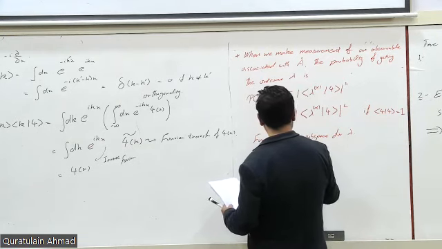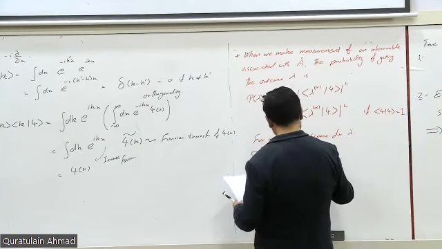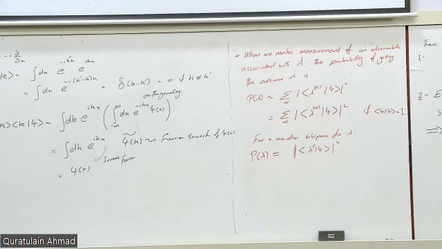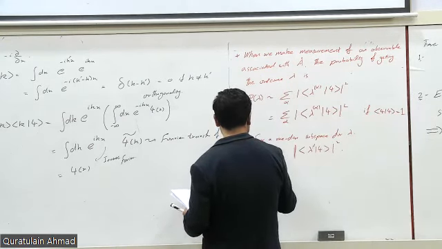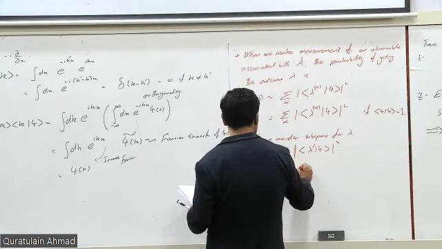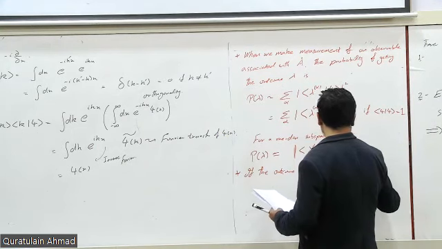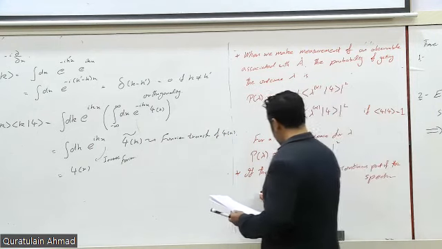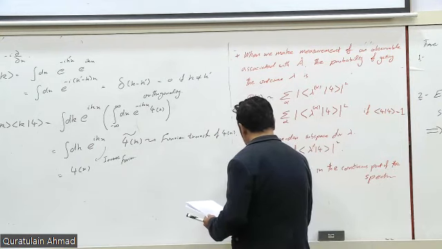This would be just this. Similarly, if the outcome lies in this continuous part of the spectrum, then you have a probability density.